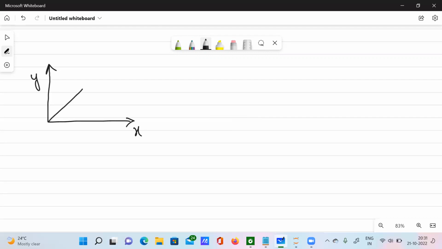So this would be the straight line here. This is the example for the simple LR model. Why? Because we only have one input and we are getting only one output variable.